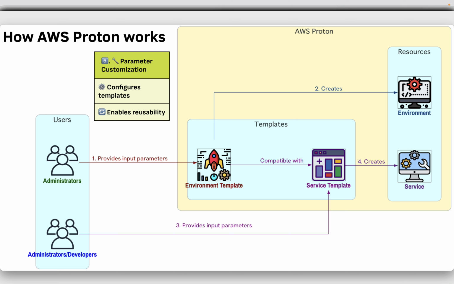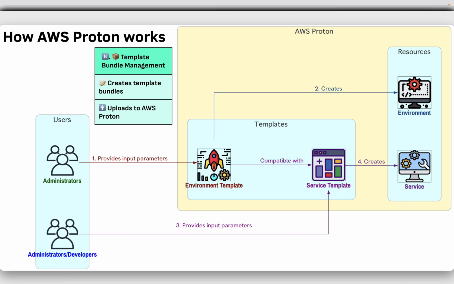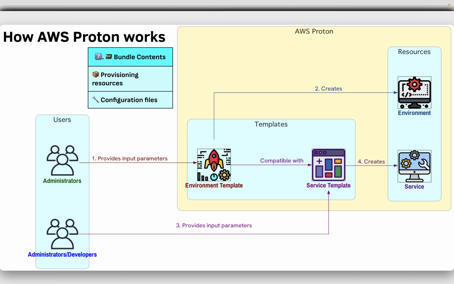You provide values for the input parameters to customize your template for reuse and multiple use cases, applications, or services. To make this work, you create environment or service template bundles and upload them to registered environment or service templates respectively. Template bundles contain everything AWS Proton needs to provision environments or services.